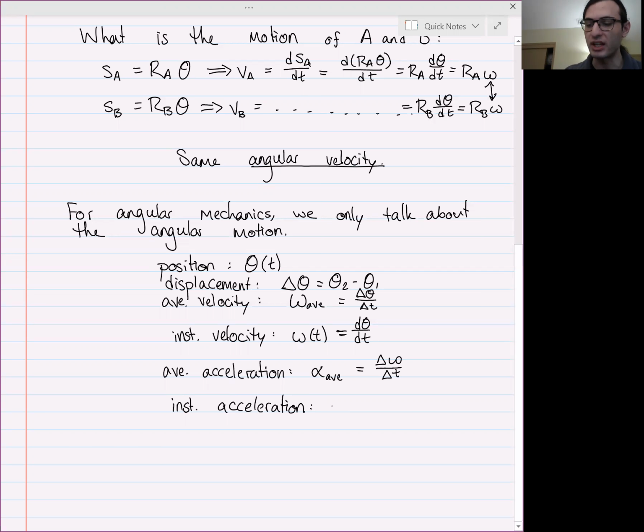And so the instantaneous angular acceleration, alpha, is d omega dt. So all of these things are exactly in a one-to-one correspondence with what we saw when we were talking about linear motion. All we've done is just stick angular in front of each of these words and then given them a new name.